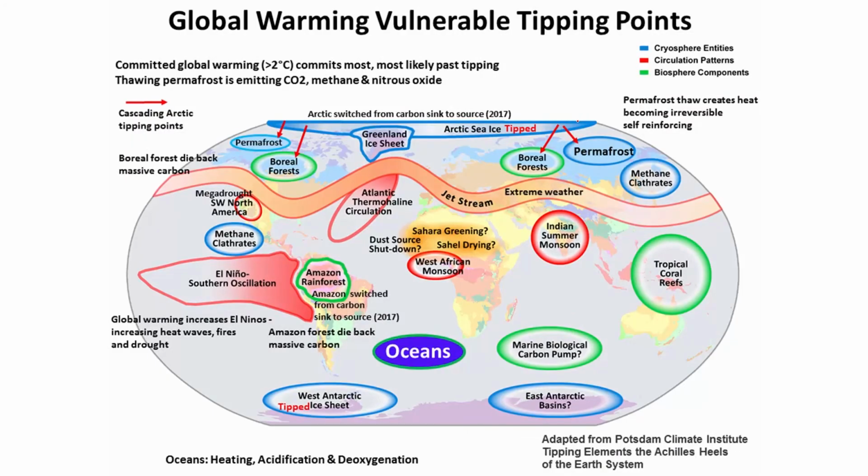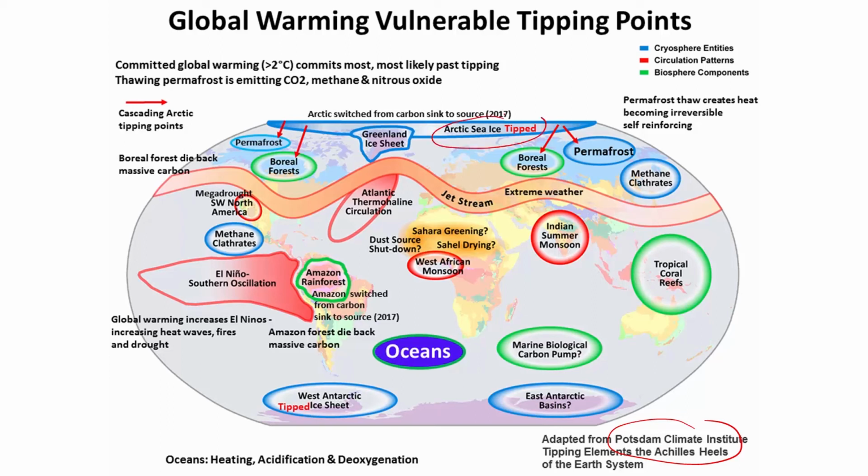Okay, so let me use a kind of a heuristic argument from the Potsdam Climate Institute on where the tipping elements or Achilles heel of the Earth system are. Looks kind of crowded, but I think you have already gotten a handle on most of them.